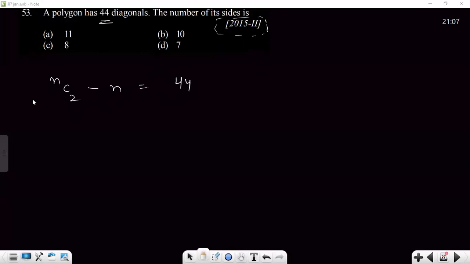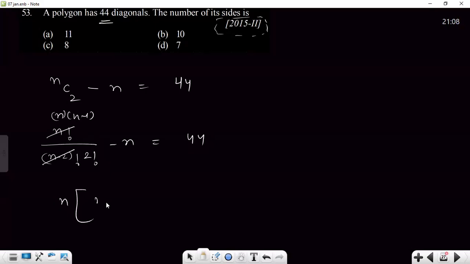So nC2 is n factorial upon n minus 2 factorial into 2 factorial, minus n is equal to 44. This cancels with this, leaving n into n minus 1.